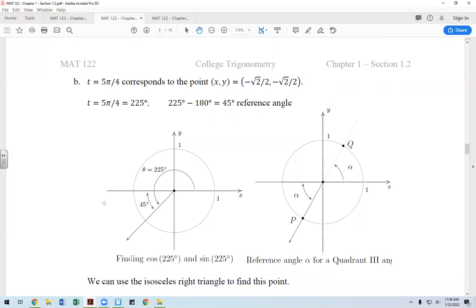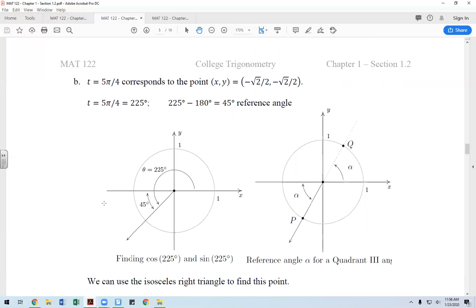So again, we know we're starting at 0 degrees, 90 degrees, 180, 270, and 360. So if converting it into degrees helps you figure out what quadrant you're going to be in, go ahead and do that. We subtract 180 from that. Remember what I said, if it's in quadrant 3, subtract 180 from your measurement, 45 degrees.